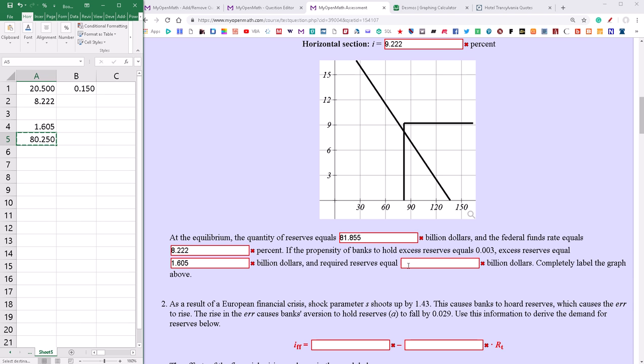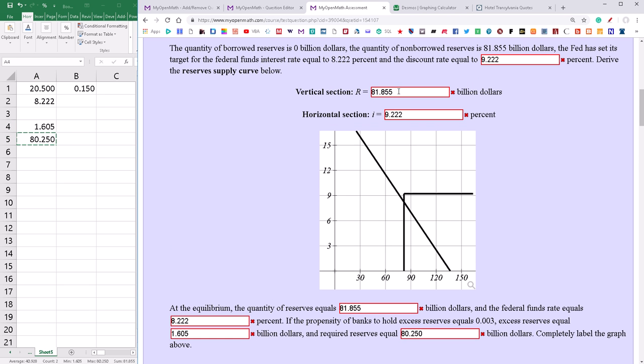So that is required reserves. Now, what's the sum of these two? The sum is 81.855. That value. So the excess reserves plus required reserves equals total reserves. So let's hit enter to see if we got these right.